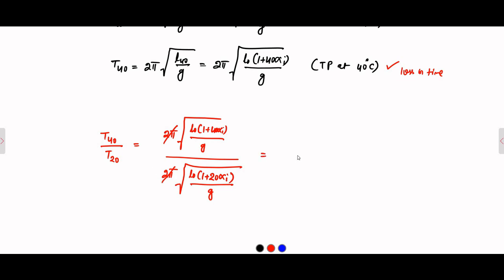Then it is equal to L0 into 1 plus 40 alpha l by g, divided by L0 into 1 plus 20 alpha l.